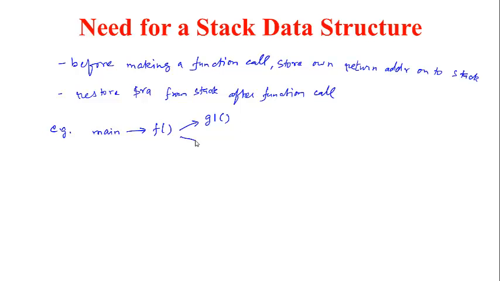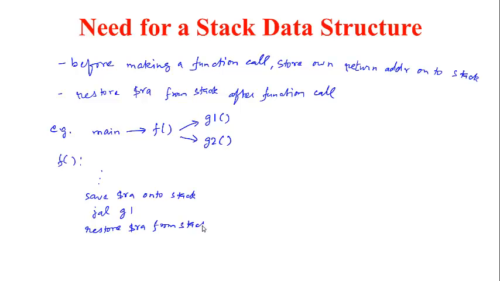So let's take a specific example, where main calls function f, which in turn calls function g1 followed by function g2. In writing the assembly code for f, we can do as follows. Save $RA, that is the return point to main from f, onto the stack before calling g1, and then restore the return address from the stack after the return from g1.